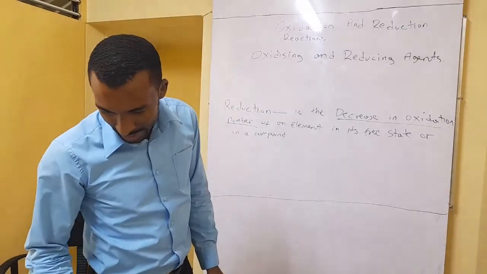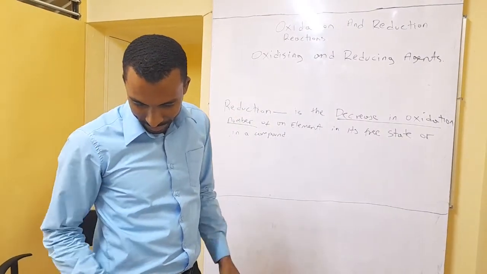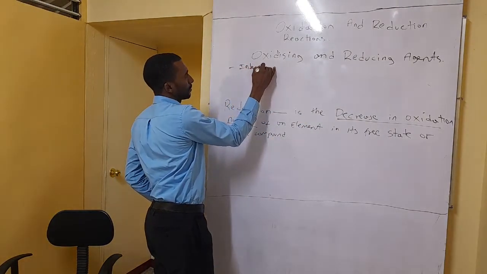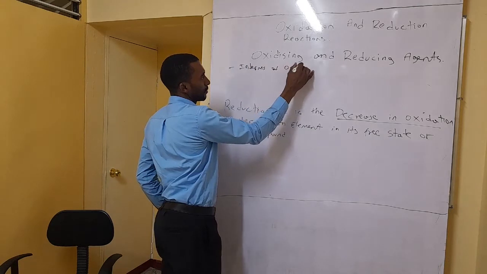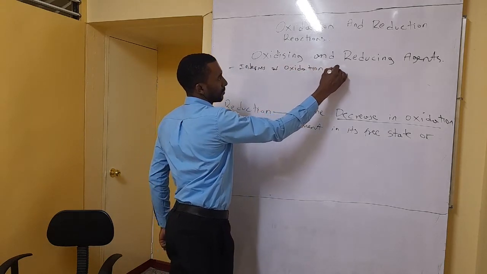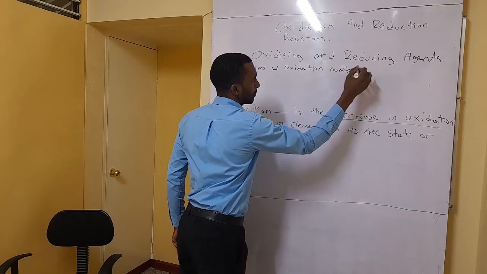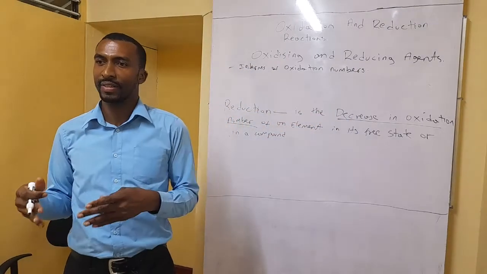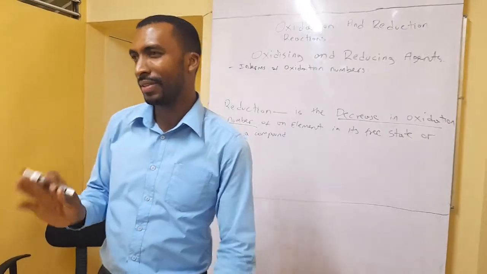Now, I'm going to discuss them in terms of oxidation number, right? But they could also be discussed in terms of electron loss or gain. But I'm going to leave you to read that, right?